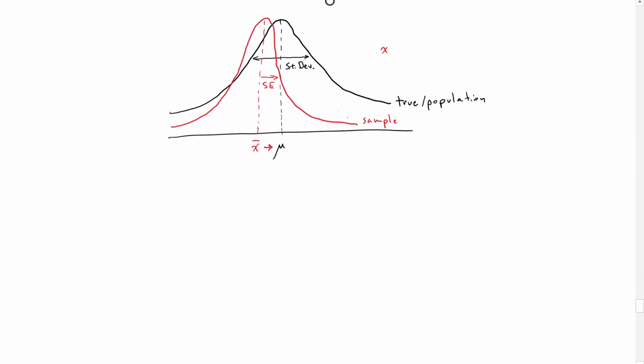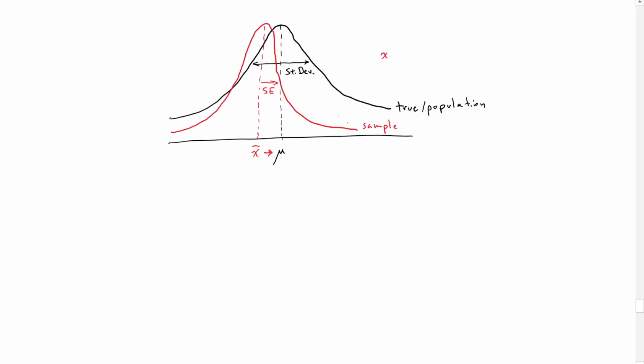And as a rule of thumb, when we're looking at standard errors, we can use a rule of thumb to tell whether or not a difference can be attributed to chance or not. So that's our standard error rule of thumb.